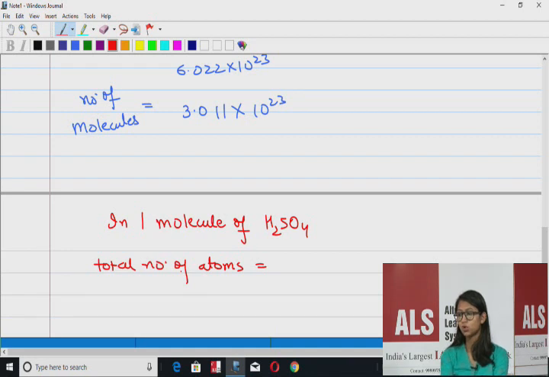Satna Center is there, Kohima is there, and Tetsu College. Nice. Tell me now, it's so simple, why are you taking so long? A simple 1 molecule of H2SO4 I have. How many atoms are there in H2SO4? Jia, tell me what will be the answer.